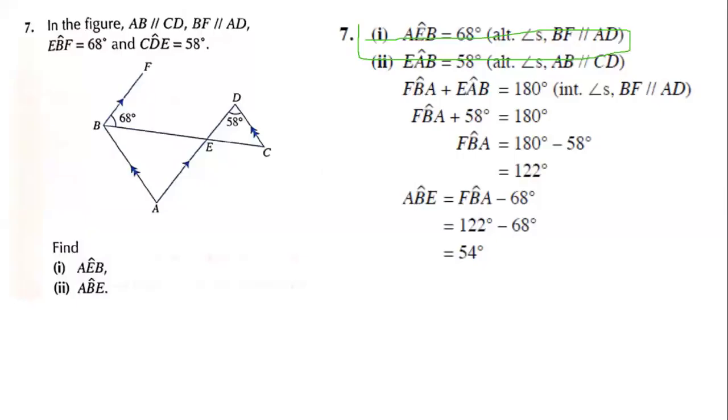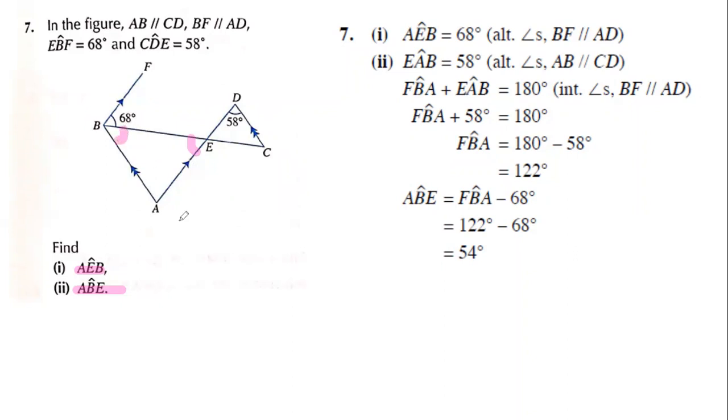And now we have the last question for today's video, which is this complex figure. In this figure, we must find the value of AEB and ABE. AEB means this angle, and ABE is this angle.